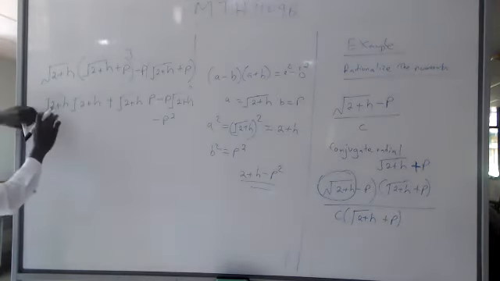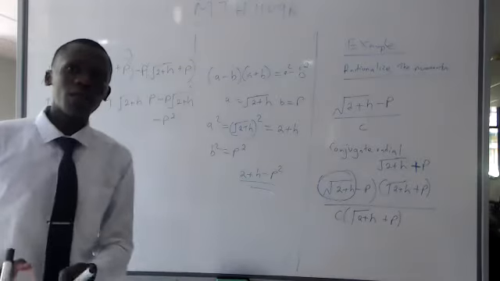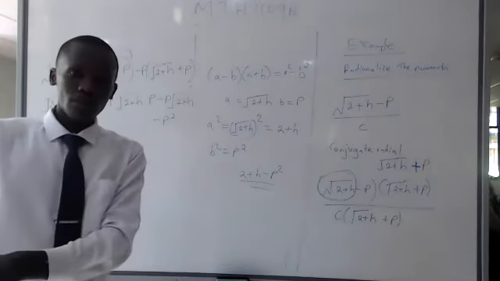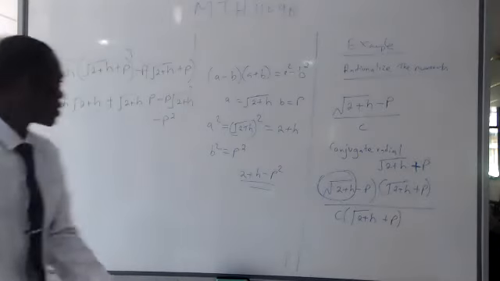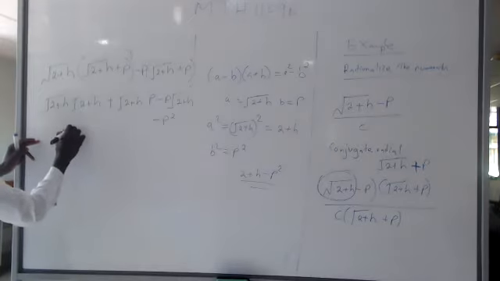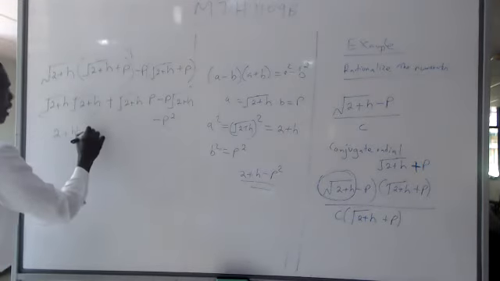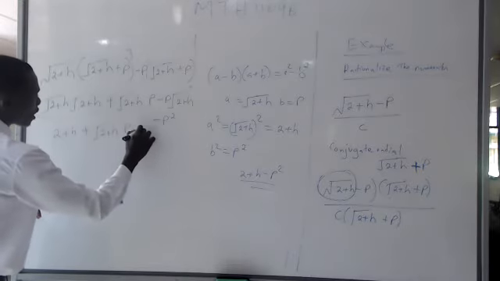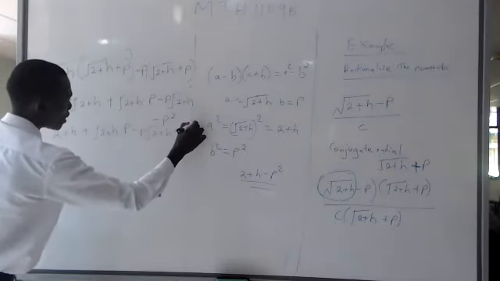Here, root 2 plus h times root 2 plus h is like taking a square root of a number and multiplying it by itself. For example, square root of 4 is 2, so square root of 4 times square root of 4 is 2 times 2. You get the number. So here we just get what is inside the root symbol, which is 2 plus h. And then plus square root of 2 plus h times p minus p square root of 2 plus h minus p squared.